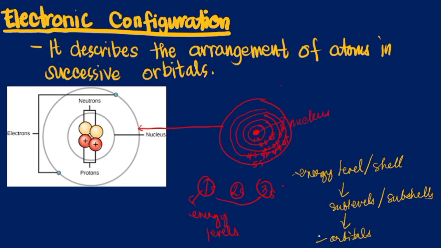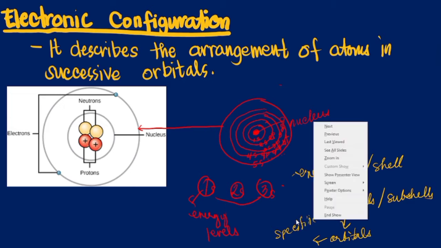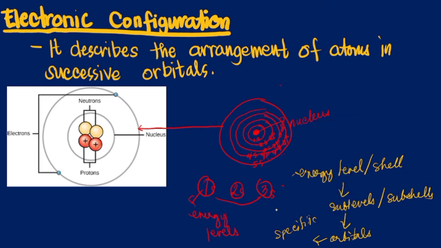Orbitals are the specific location of electrons. So those are the energy levels, the sublevels or subshells, and the orbitals. So let's talk about this on the next slide.